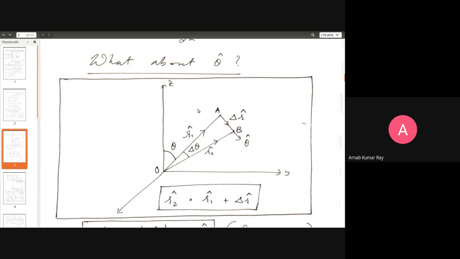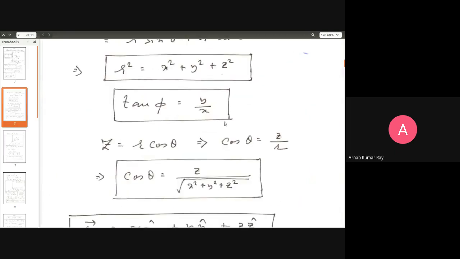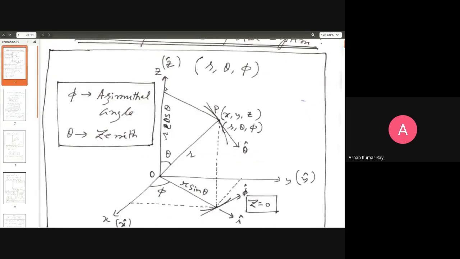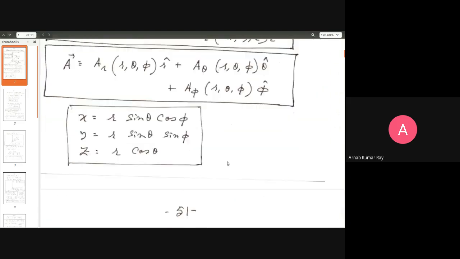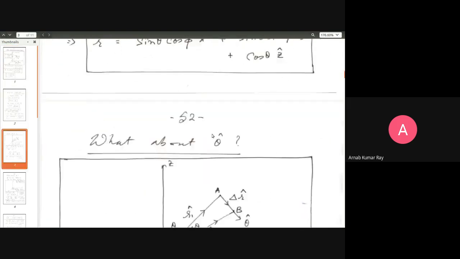The direction of theta, starting from the North Pole, will be along the line of longitude going down like that, which has been represented in this diagram. So theta will be tangential to the longitudes as you're coming down from the North Pole towards the equator. That's how it goes.